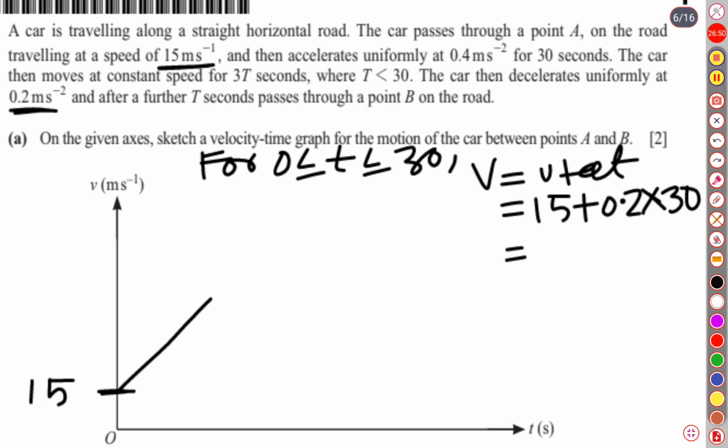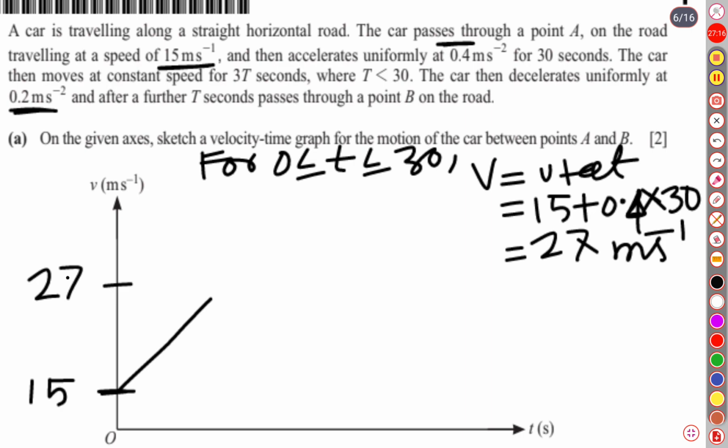Sorry, it is not 0.2, it is 0.4 actually, for the first 30 seconds. So it is going to be 12. So 12 plus 15, that is 27 meter per second. This is for the first phase. That means here it is going to be 27.